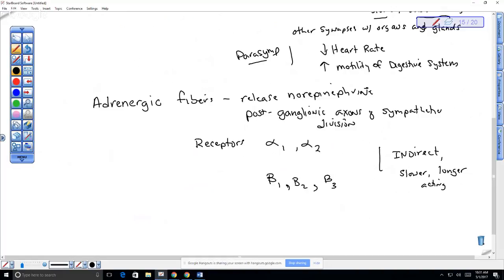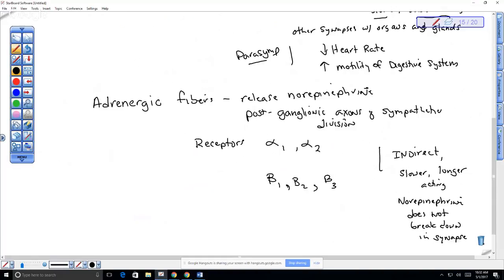It either has to be taken back up by a neuron, or it just has to diffuse away from the synapse. So in this instance, norepinephrine does not break down in the synapse, which is why it is longer acting compared to acetylcholine.